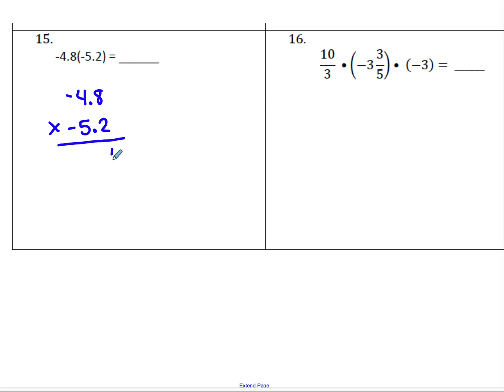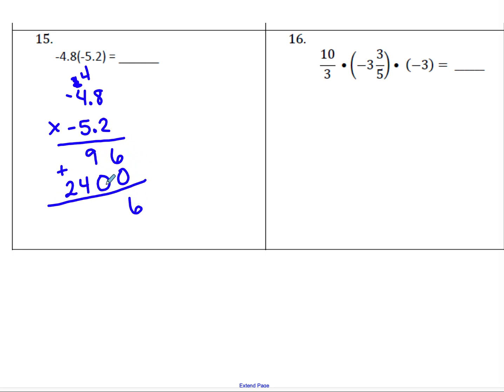2 times 8 is 16. 2 times 4 is 8, plus 1 is 9. Cross that out so don't use it again. Add a 0 as a placeholder. 8 times 5 is 40. 5 times 4 is 20, plus 4 is 24. Add these values together.